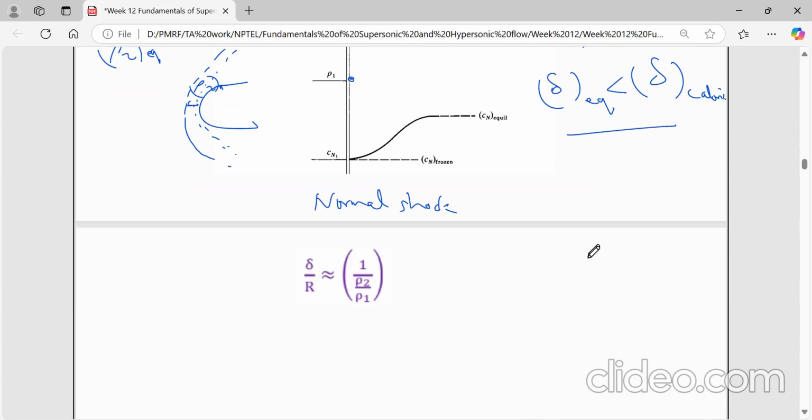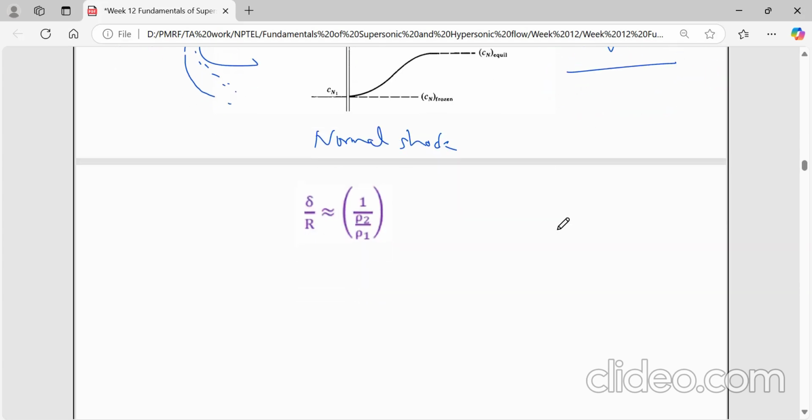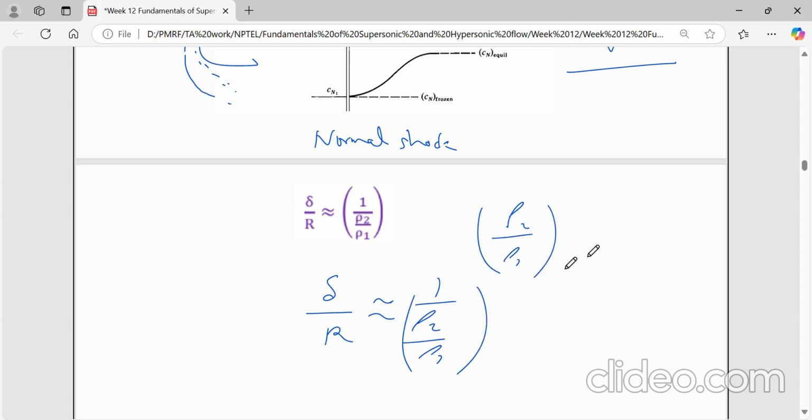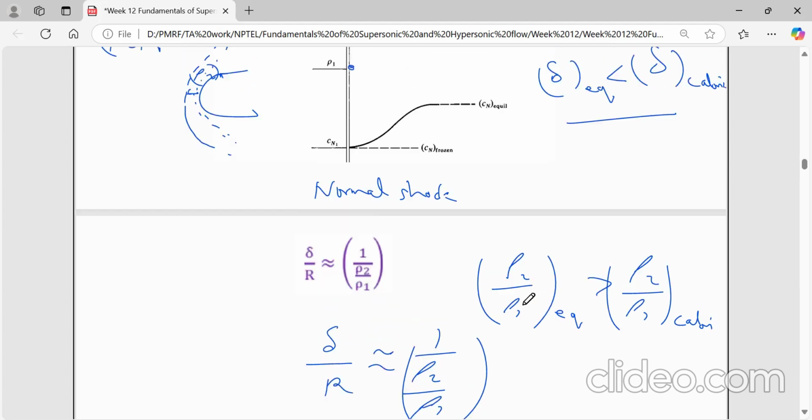Or you can say, if there is a sphere of radius r, then its shock standoff distance is approximately proportional to 1 upon rho 2 by rho 1. As we already saw, rho 2 by rho 1 for equilibrium will be higher than rho 2 by rho 1 for calorically perfect gas. So if rho 2 by rho 1 is higher, then shock standoff distance is lower. So for the equilibrium flow, shock standoff distance will be lower than the calorically perfect gas.